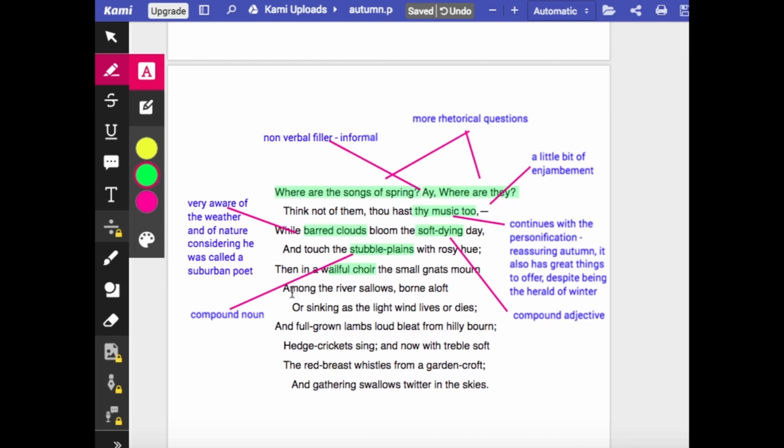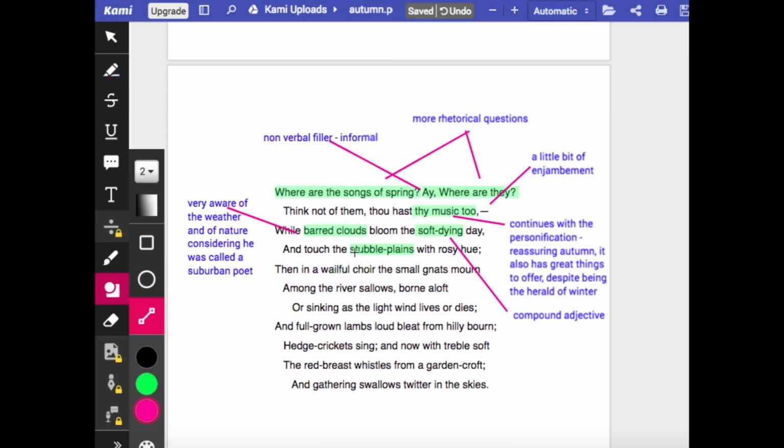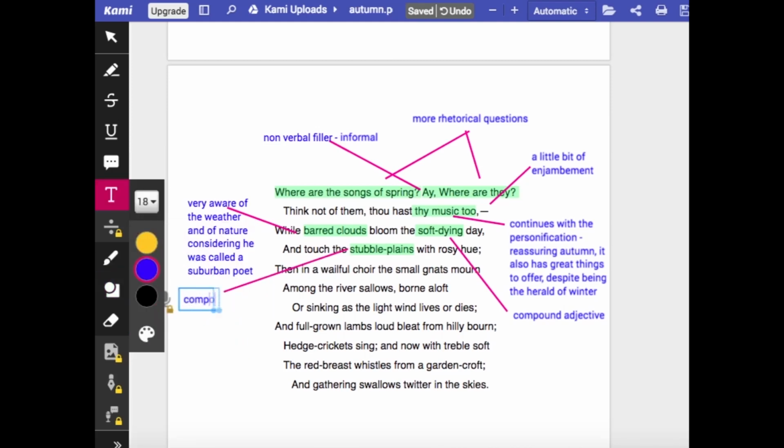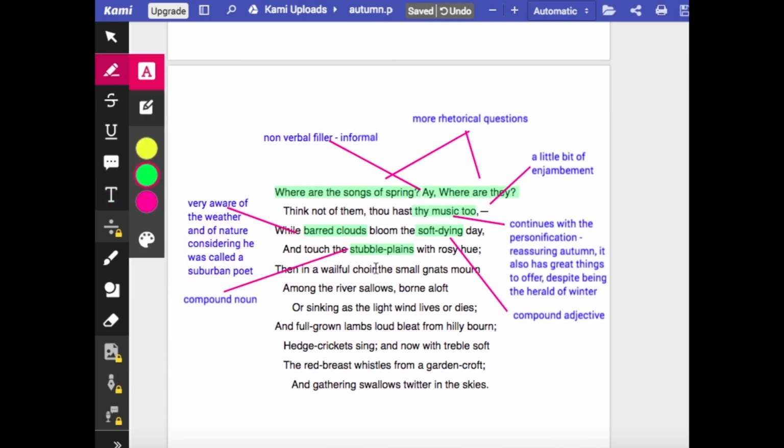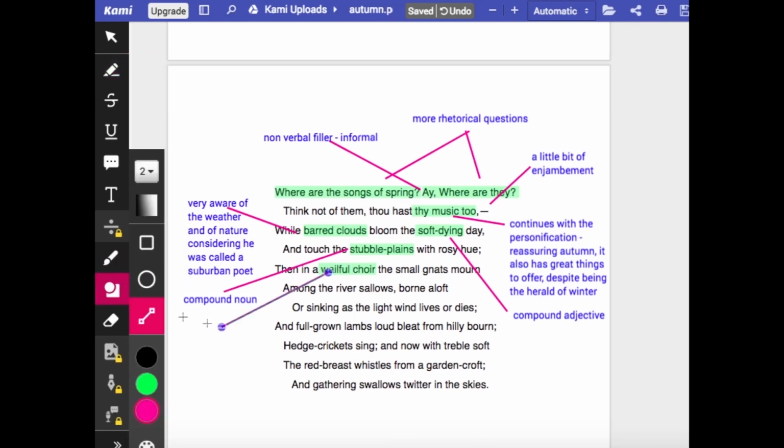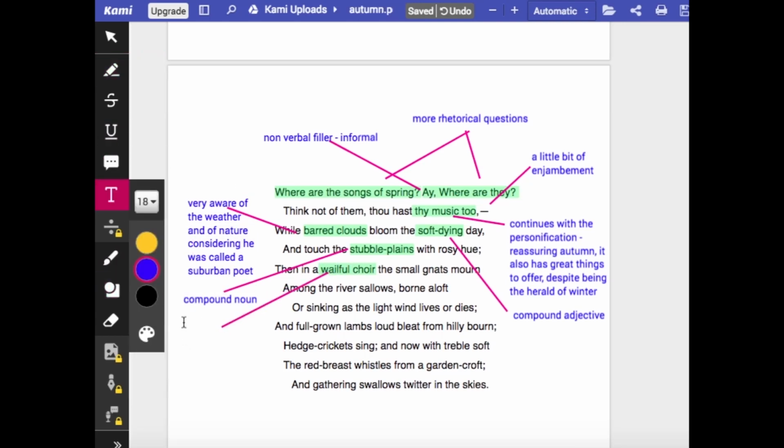Soft dying, compound adjective, a little bit of alliteration, dying day, and again, stubble plains, compound noun. A wailful choir. This is now personifying those annoying little things known as gnats, but it's quite a cogent representation of gnats.